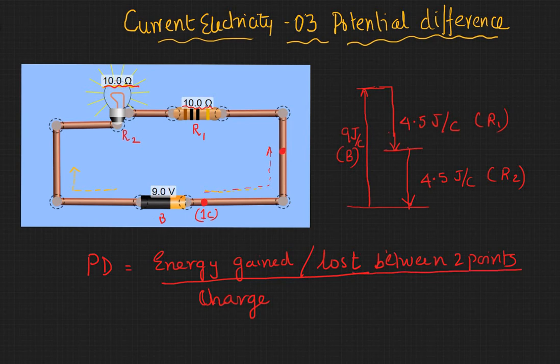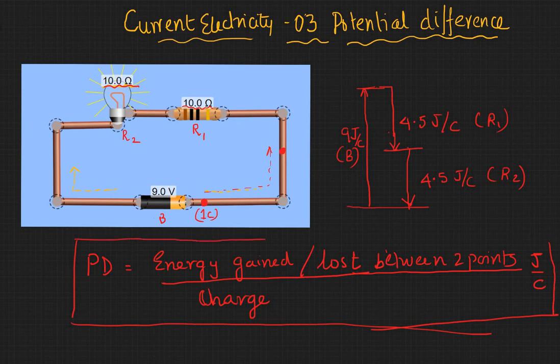So this is joules per coulomb. This is actually your potential difference, and it is very important to understand it this way. If you understand it this way, you will never have confusion in current electricity.